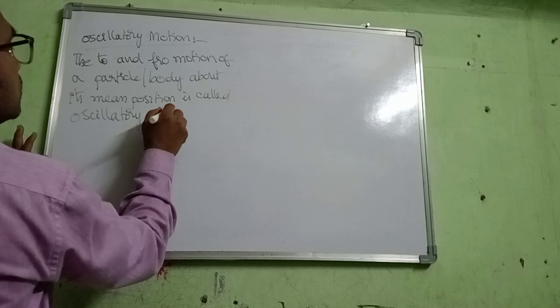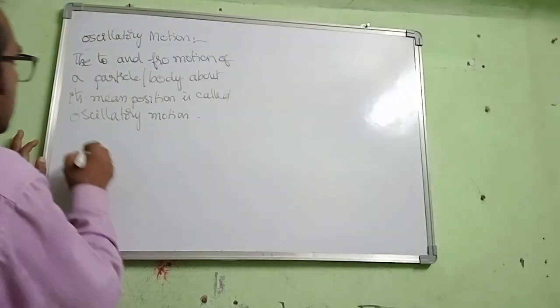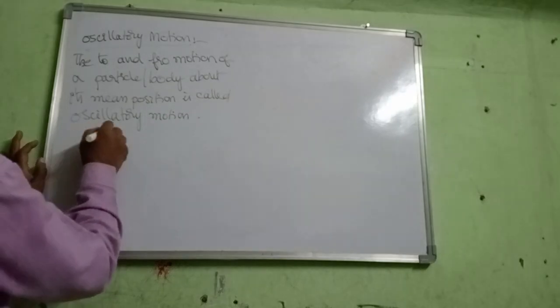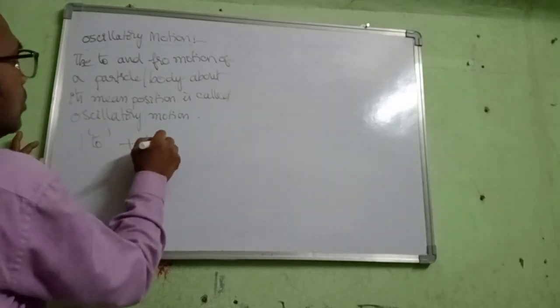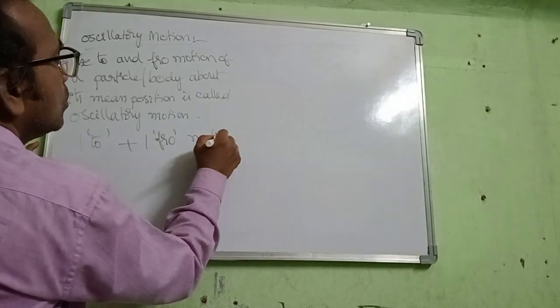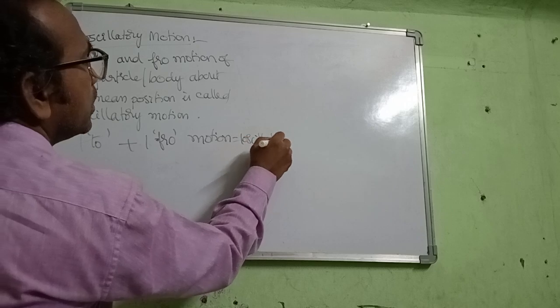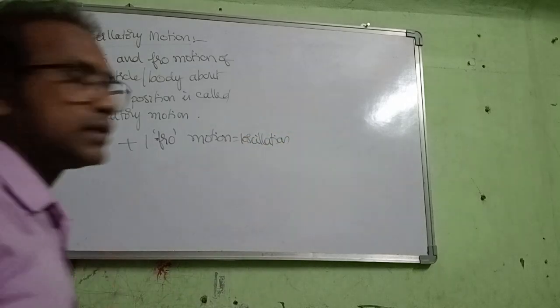So one to motion plus one fro motion is equal to one oscillation.